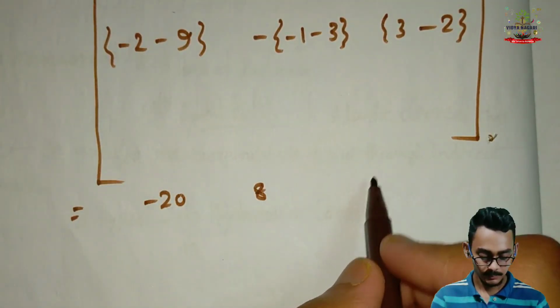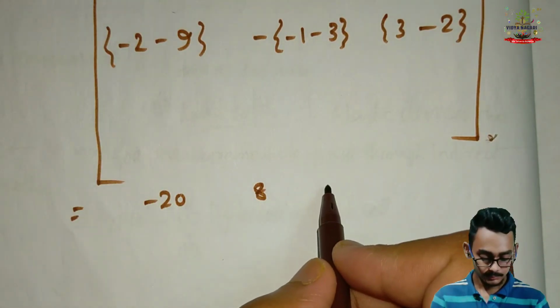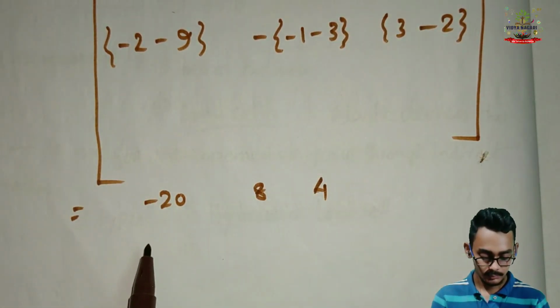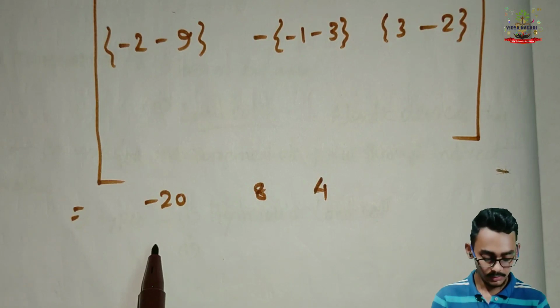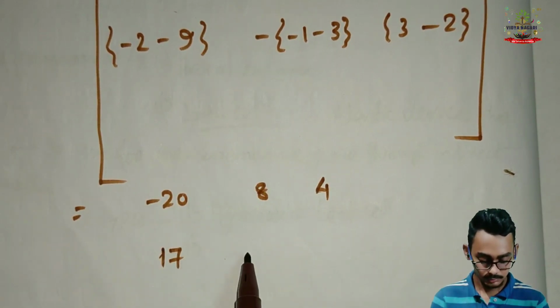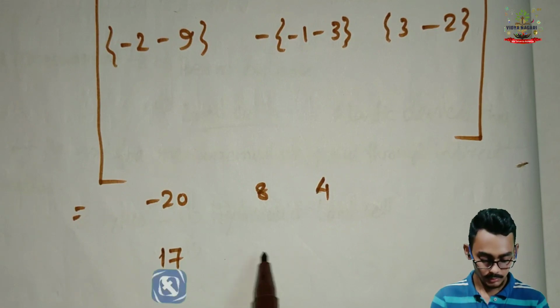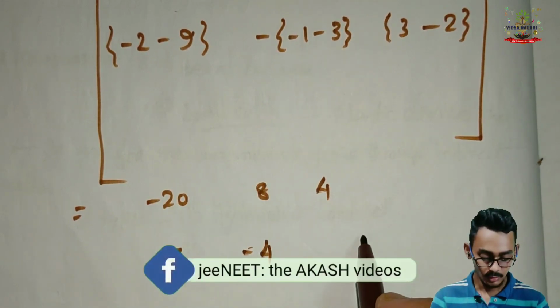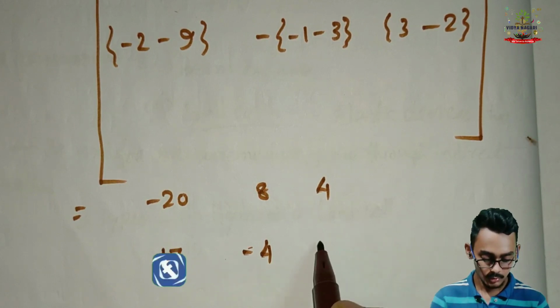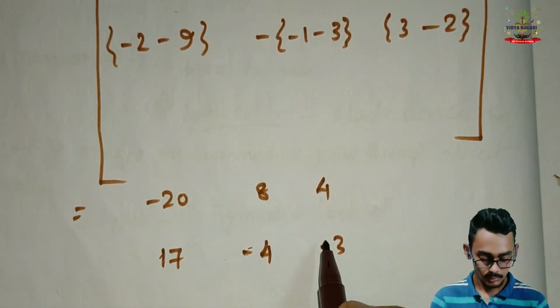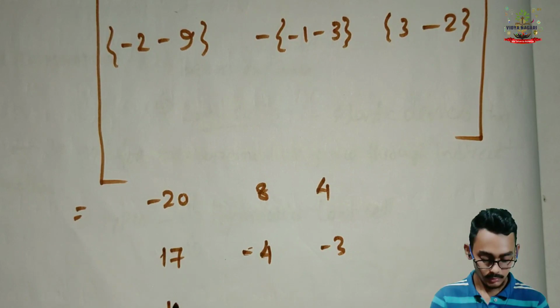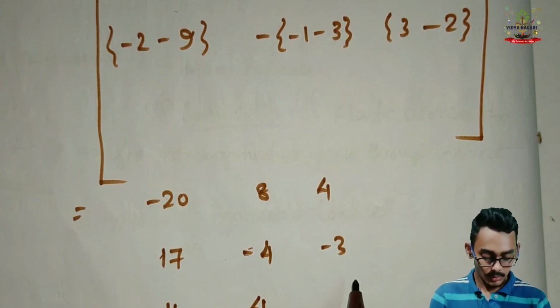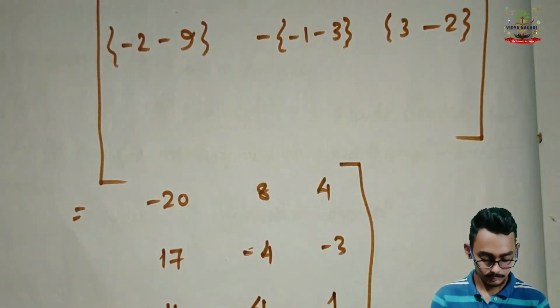Here 1 minus of minus 3 means 1 plus 3, 4, and minus of minus 14 minus 3 means minus 17, and minus 7 plus 3 is minus 4, 1 plus 2 is 3, minus 3, minus 2 minus 9 means minus 11, minus of minus 4 means plus 4, and here 3 minus 2 is 1.